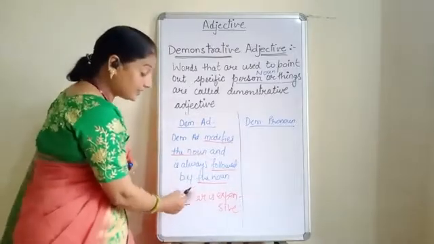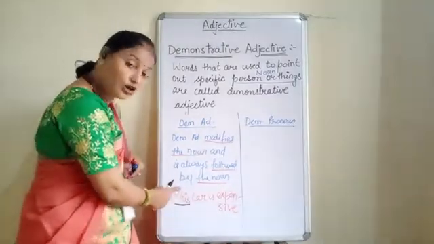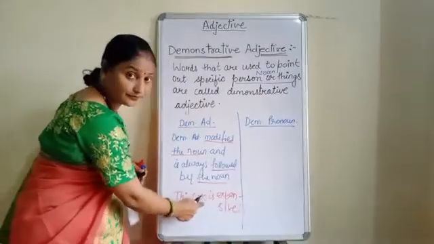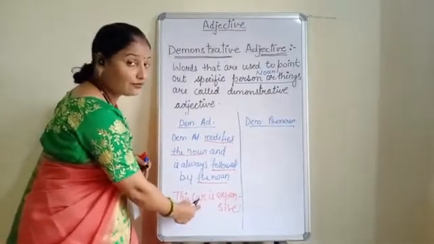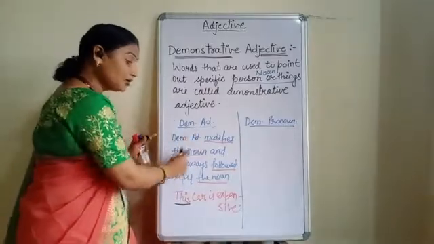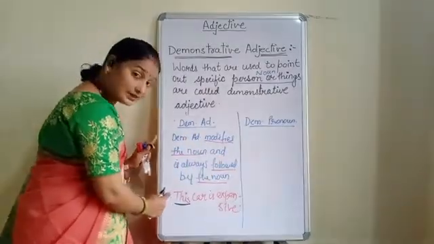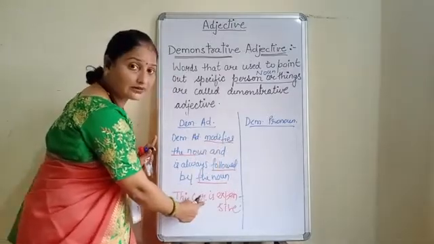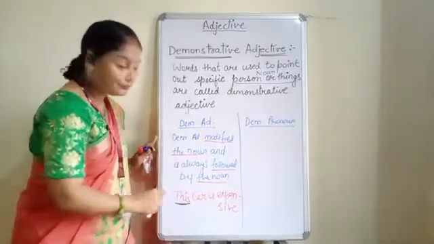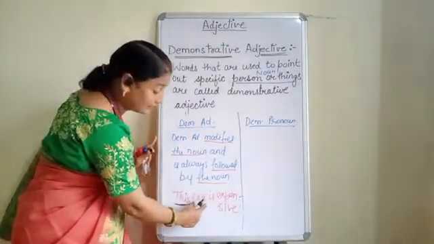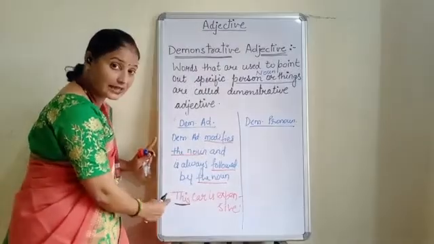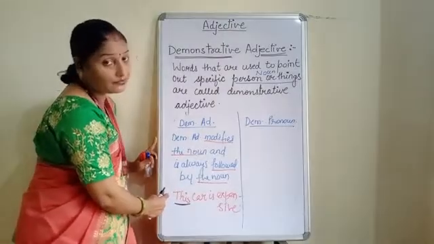Now, whether it is demonstrative adjective or demonstrative pronoun, it will be clear by this word. And this is car. And what is the meaning of demonstrative adjective? That is, a word modifies the noun. Now here, this is modifying the car. Okay. What it is modifying? That car is expensive. And this word is followed by the car only, followed by the noun only. And that's why we can say that this is demonstrative adjective.